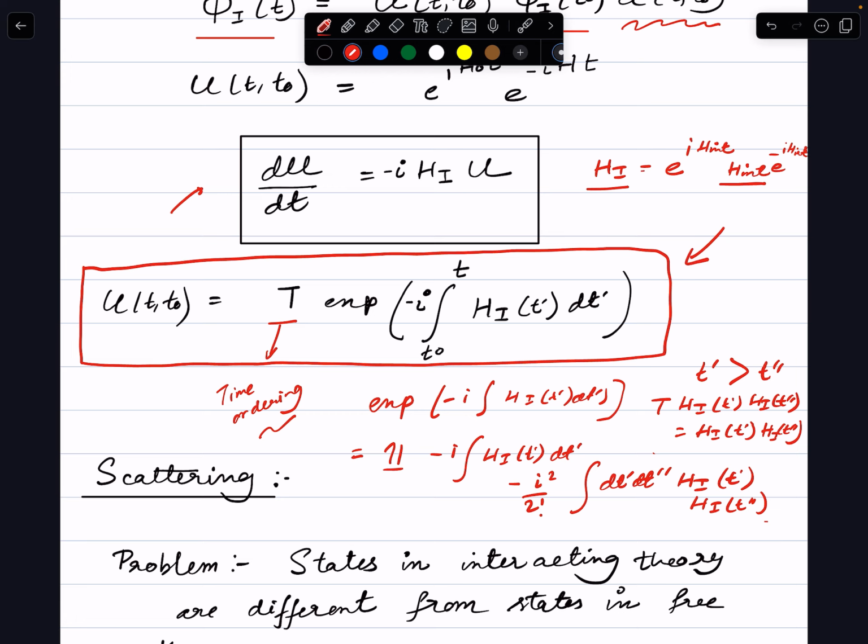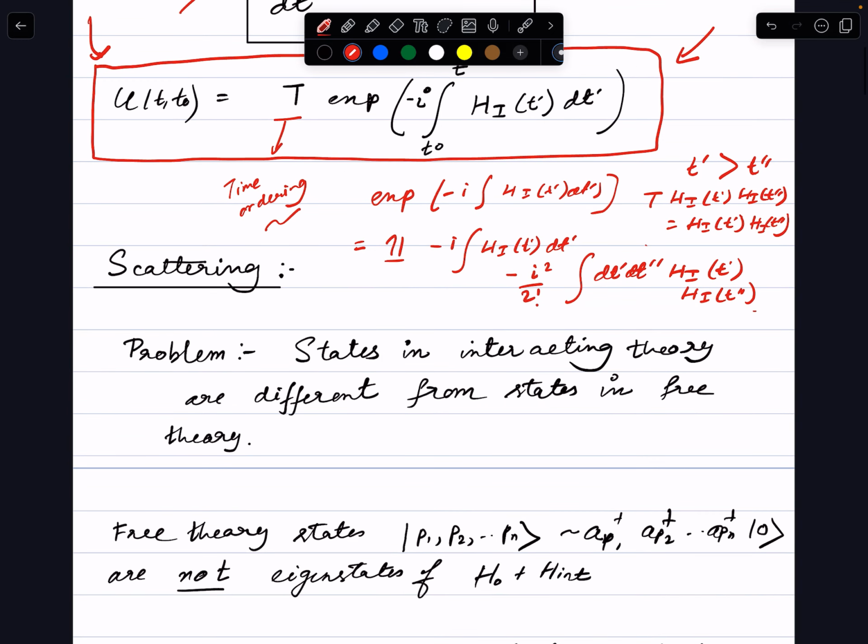I want to calculate this, because this has the information about how something evolves in time when there is an interaction. Okay, good.